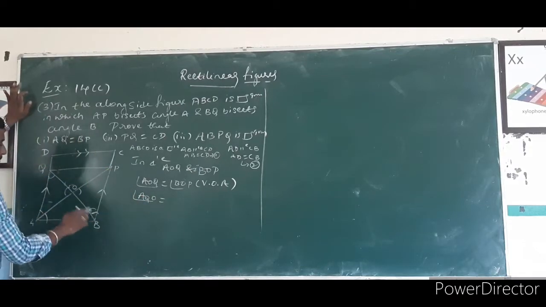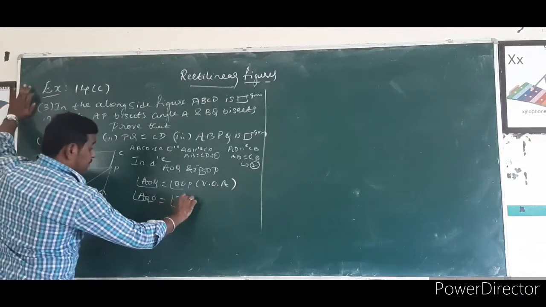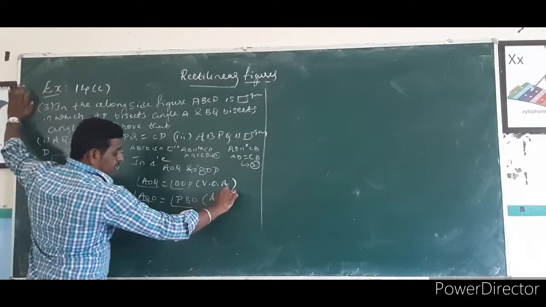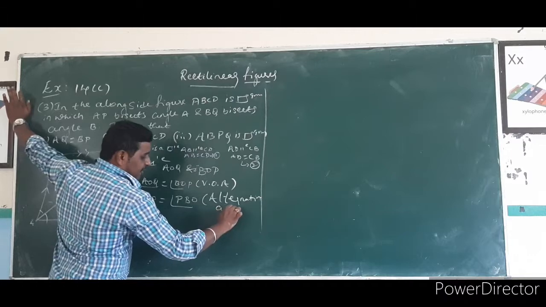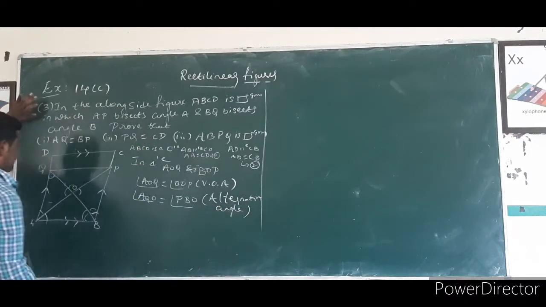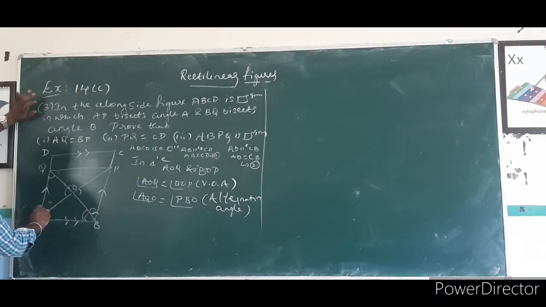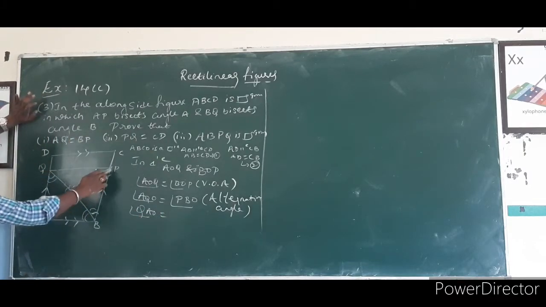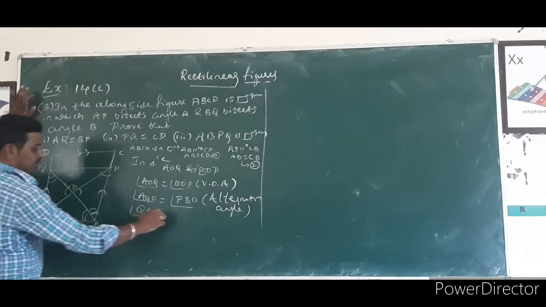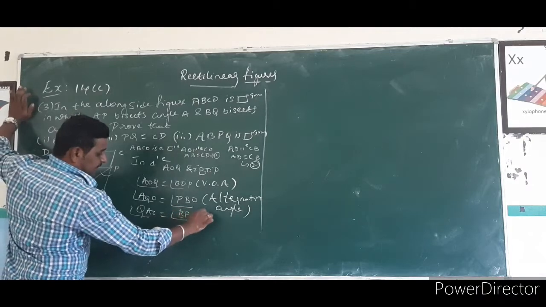AQO, that is PBO, alternate angle. These two are alternate angles and these two are alternate angles. QAO and BPO. You know how to take alternate angles.